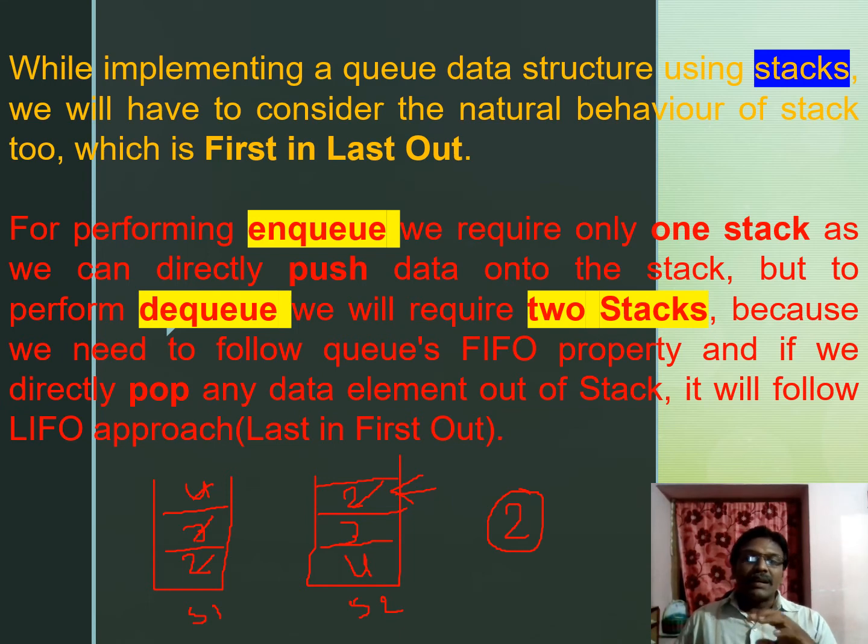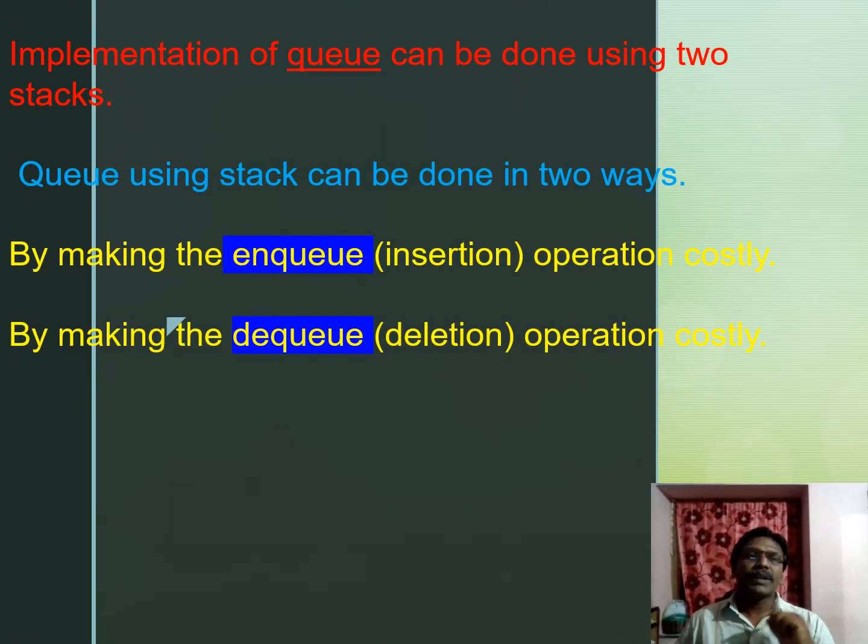That's why we use two stacks. Otherwise, the first element cannot be deleted. In a queue, the general order is first in, first out, and the same is achieved using two stacks. The implementation of a queue can be done using two stacks.